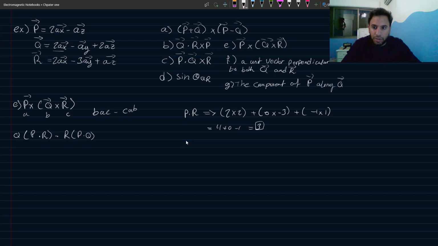And now we need to do P dot Q. So P dot Q, 2 times 2 plus y, there's no y, so 0 times 1 minus 1, plus z, minus 1 times 2. And this will give us 4 minus 2 is equal to 2.